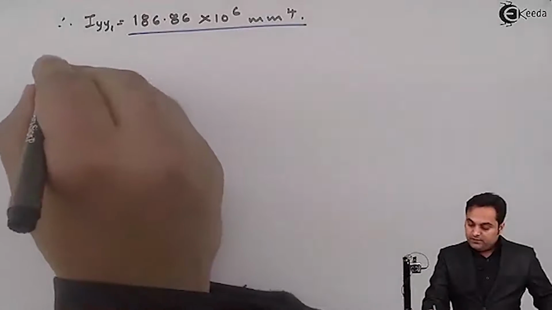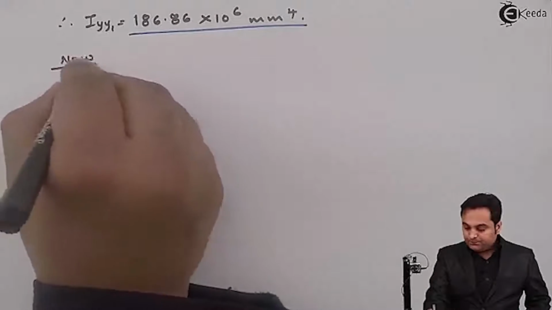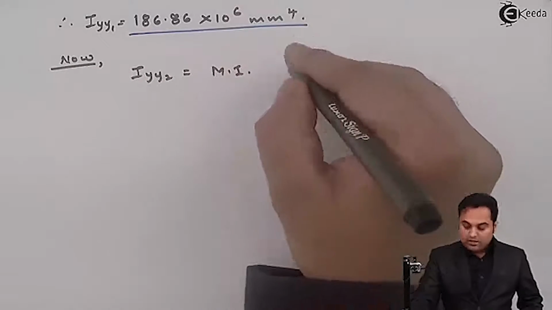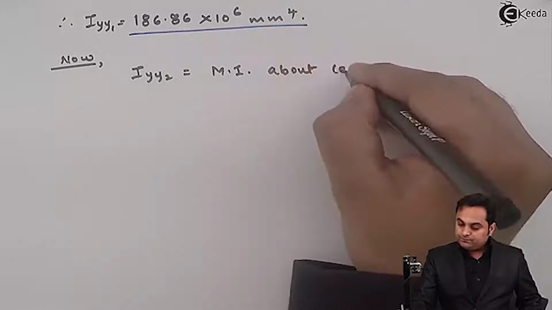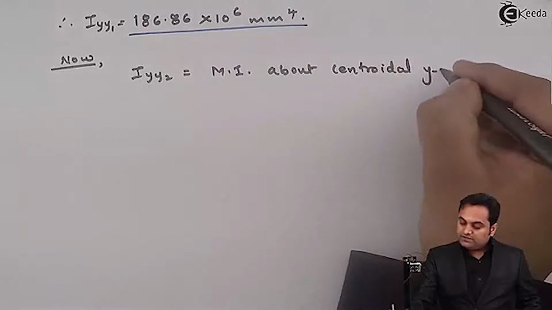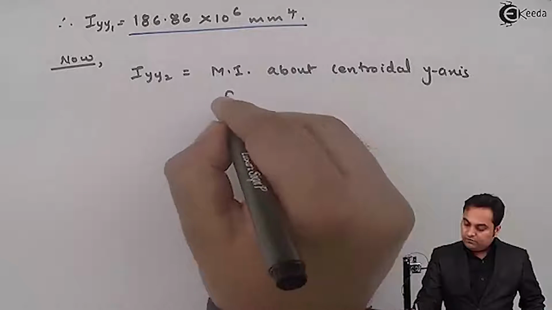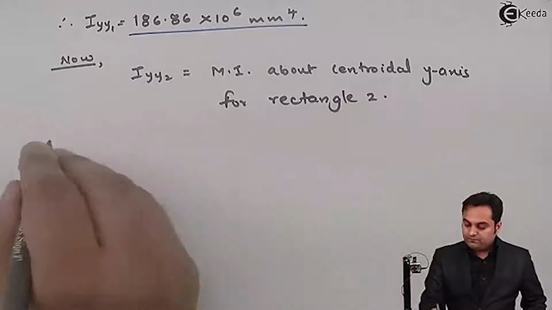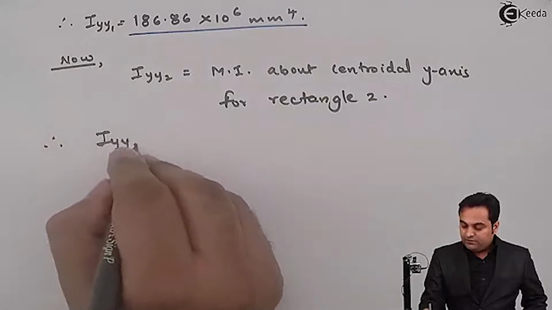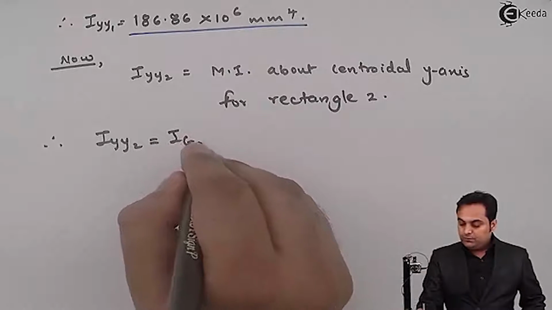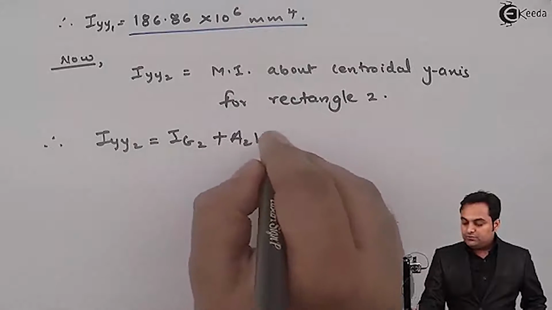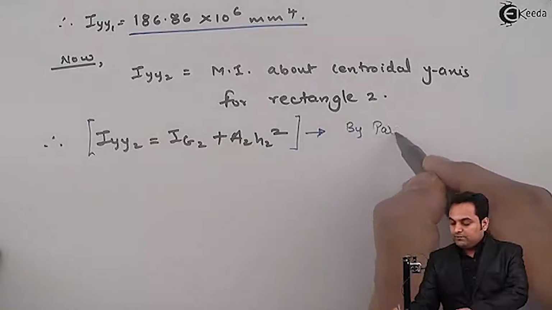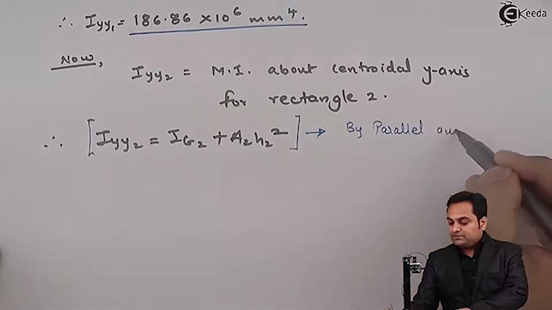And now Iyy2 is the MI about the centroidal y-axis for rectangle second. Therefore Iyy2 is Ig2 plus area 2 into h2 square, again by parallel axis theorem.